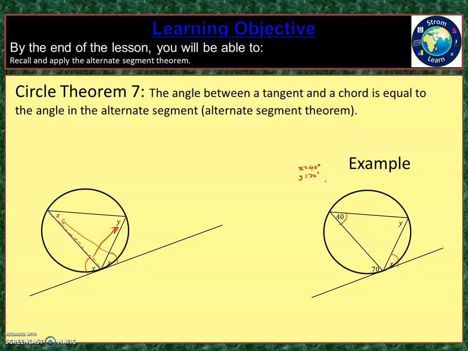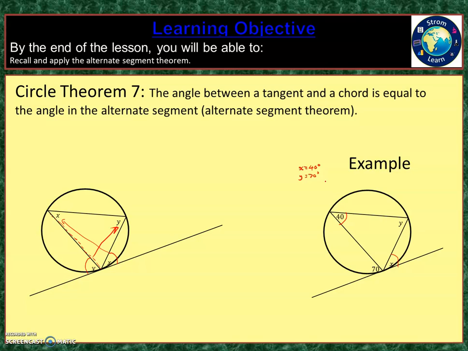Now what makes this tricky is when you start having other lines in it, and it's difficult to spot where the alternate segment theorem can be applied. A key thing to look for is, clearly you need a tangent, and you've got a triangle where one of the vertices of the triangle meets the tangent.